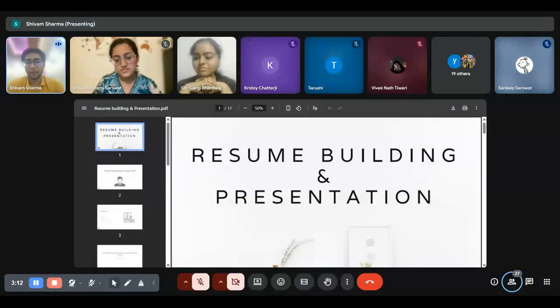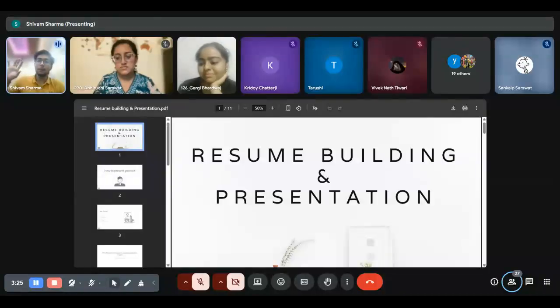Let's say you are going to an interview. What is the one thing that carries your profile, saying: hey, this is Shivam Sharma, this is what we are talking about, and this is the person we are looking for? It's the resume, right? The resume is a blueprint of yourself in front of the interviewer.